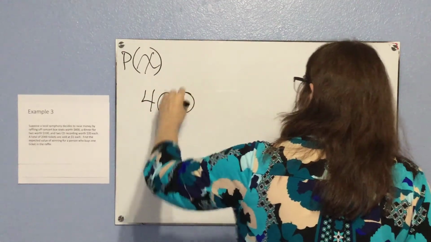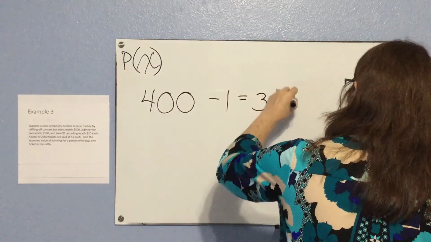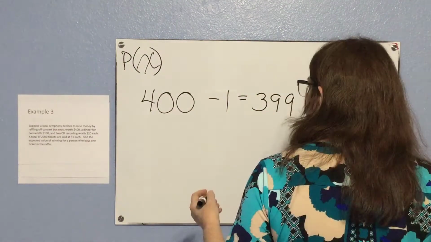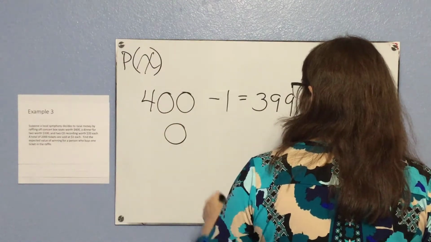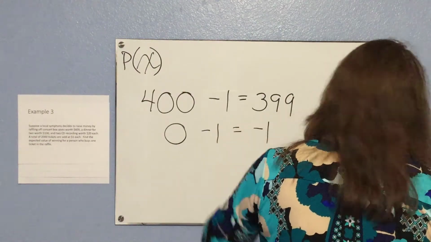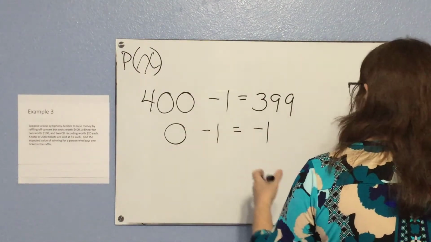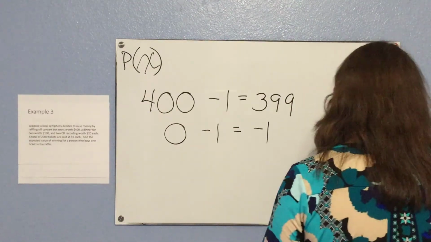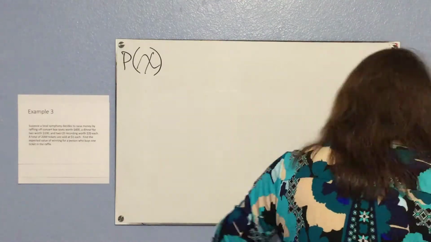That's worth $400 minus 1, so $399. If I have a losing ticket, my winnings are 0 minus 1, so that's -1.